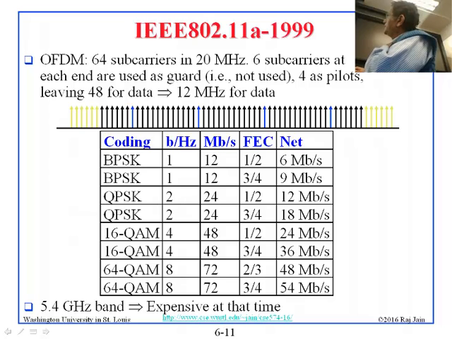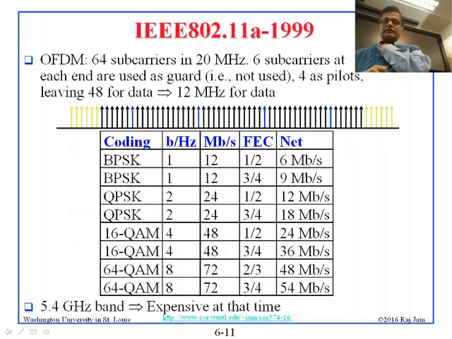And using BPSK, you get 1 bit per hertz. That will give you 12 megabits per second. If you do half FEC, forward error correction, that means for every bit you send 2 bits. You will get 6 megabits per second net. On the other hand, if you send using 3/4, where for every 3 bits you send 4 bits, you will get 3/4 of this, which is 9 megabits. If you do half, and so on and so forth.